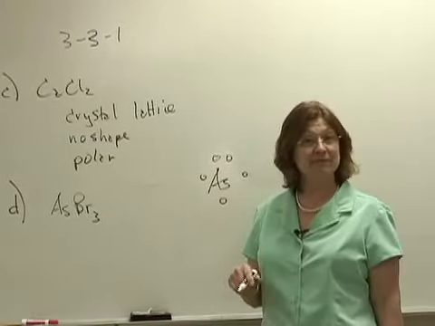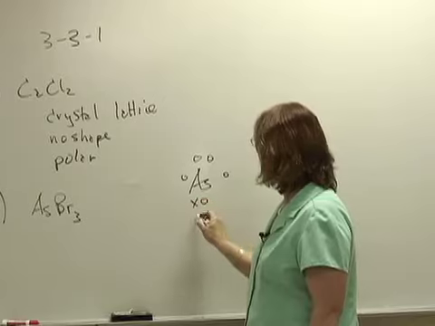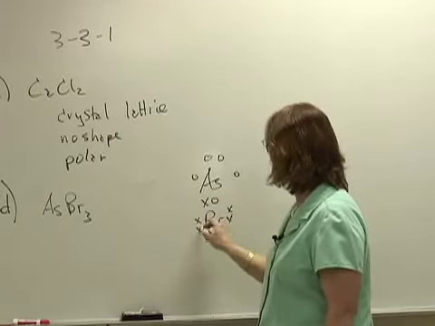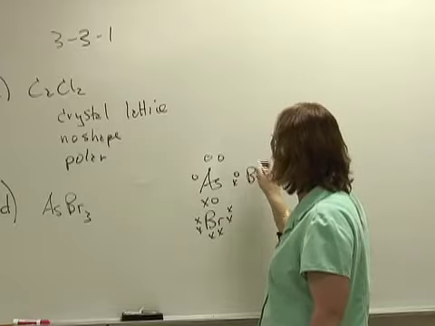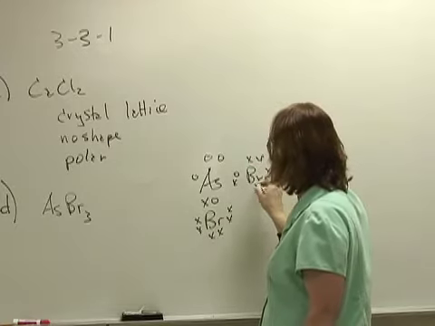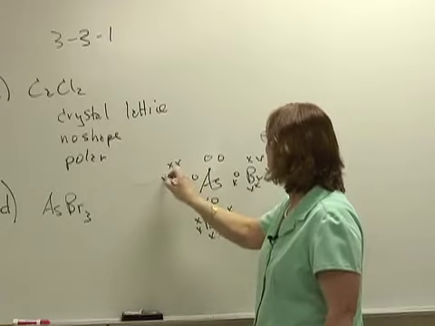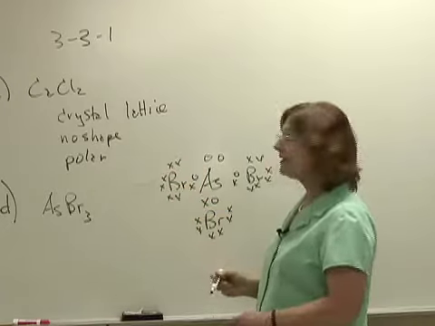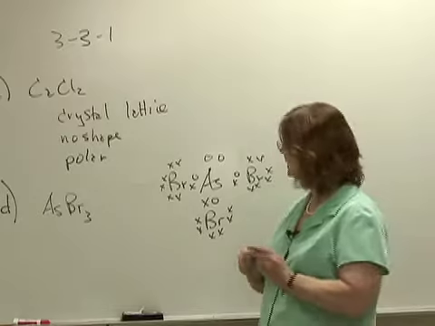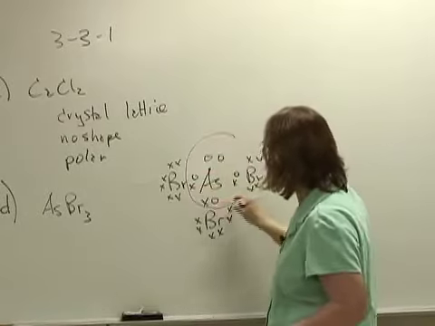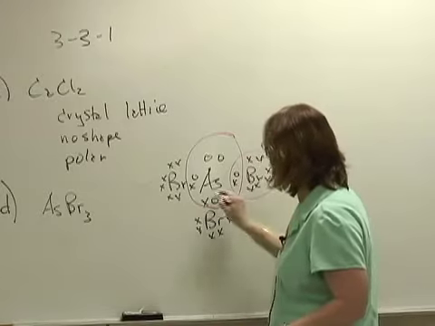And bromine has 7, and each one will join with the one available from the arsenic to get its octet. And that way, every element has an octet. We have an octet around the arsenic and each of the bromines.